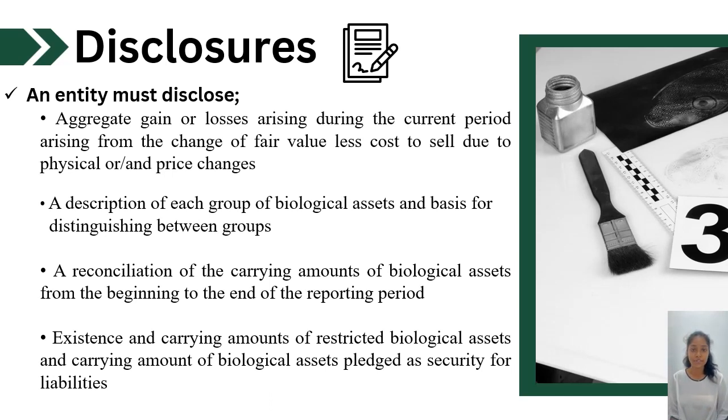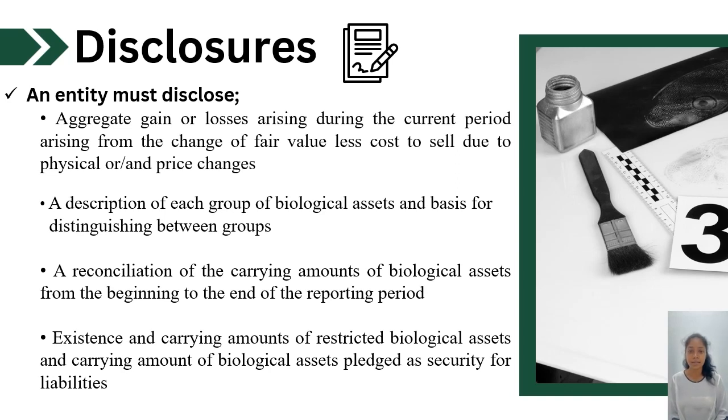Thank you, Ashwin. Now I'm going to talk about the disclosures of LKS 41. The general disclosures under LKS 41 are as follows. The first one that should be disclosed is the aggregate loss or gain arising during the current period, which arises due to initial recognition of biological assets or agricultural produce, and also due to the change in fair value less cost of sales.